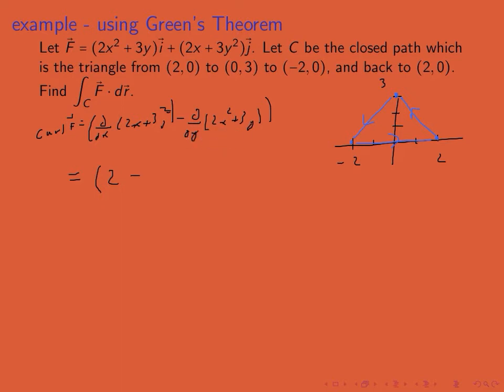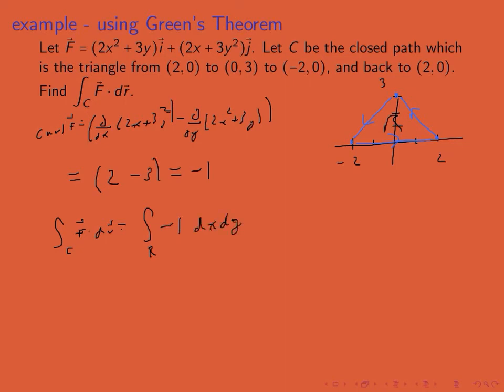So I simply get 2 minus 3, and the curl then is minus 1. So the line integral is equal to the integral over the region R, the region inside the triangle, of the curl, which is just minus 1, dx dy.